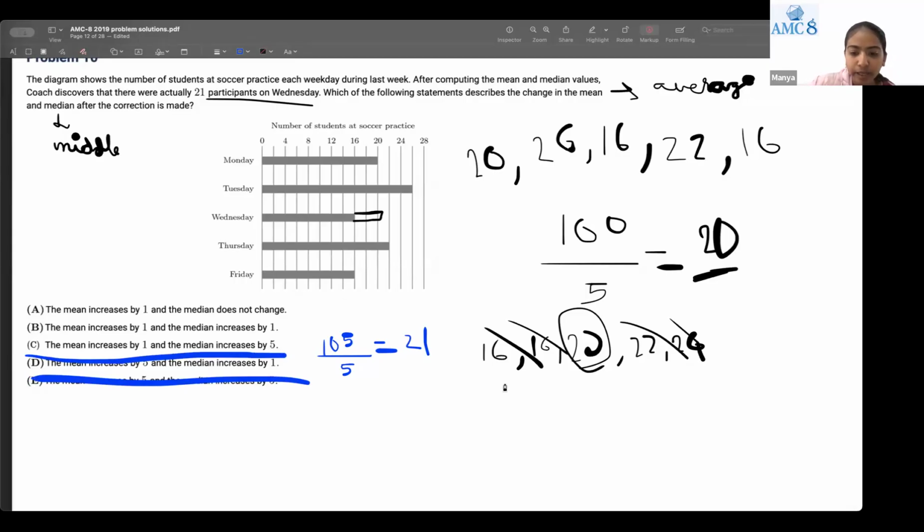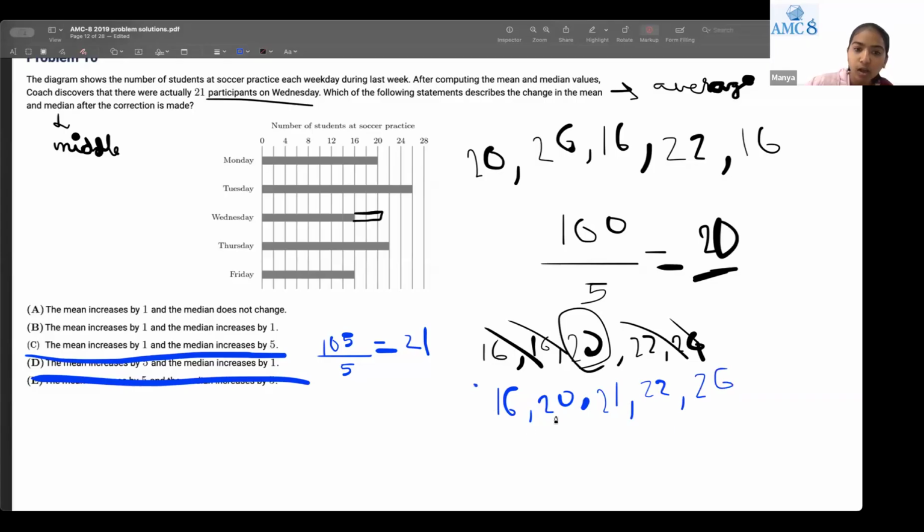So to calculate the median, we would have to once again arrange these in least to greatest order. And so the numbers are 16, 20, 21, 22, and 26.